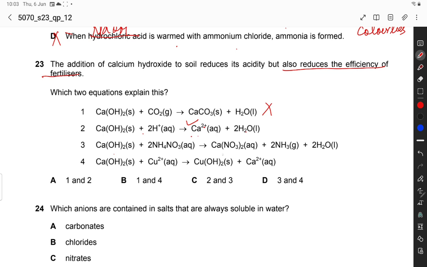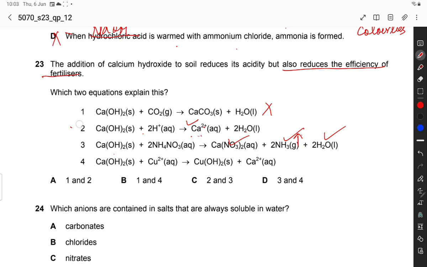Calcium hydroxide and ammonium nitrate form ammonia, calcium nitrate and water. This is correct, and ammonia is formed and it reduces the efficiency of fertilizers because nitrogen in the form of ammonia escapes in air, which reduces the efficiency of fertilizers. And when calcium ion is formed over here, it also reduces the efficiency of fertilizers.